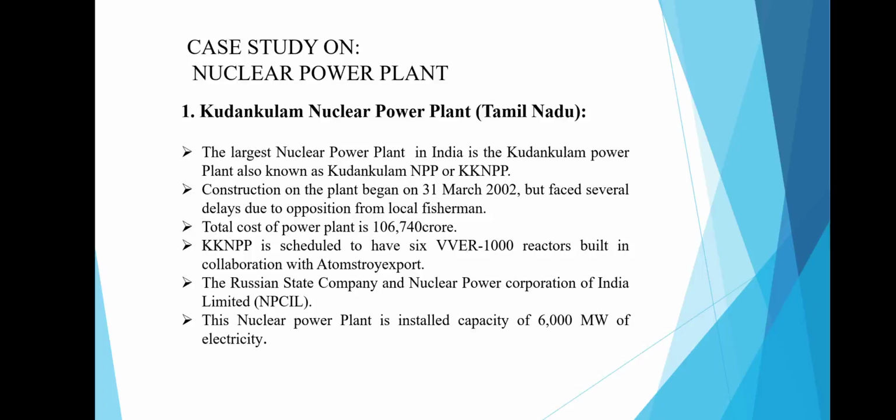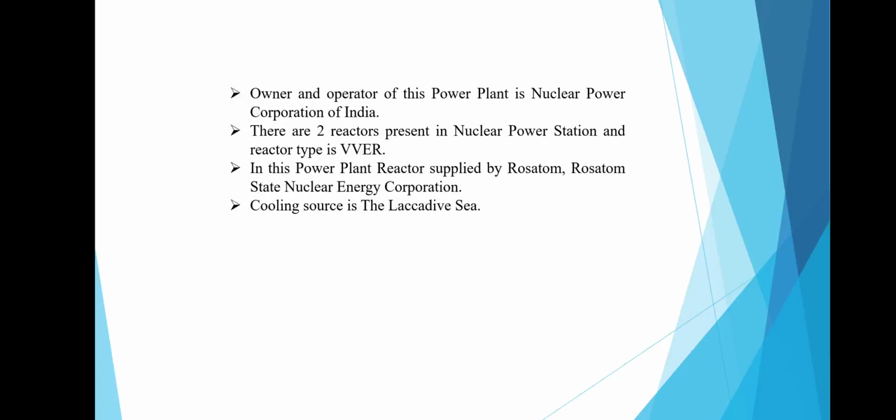Kudankulam nuclear power plant is scheduled to have 6 VVER-1000 reactors built in collaboration with Atomstroyexport, the Russian state company, and Nuclear Power Corporation of India Limited. This nuclear power plant has an installed capacity of 6,000 megawatt of electricity. Owner and operator of this power plant is Nuclear Power Corporation of India.